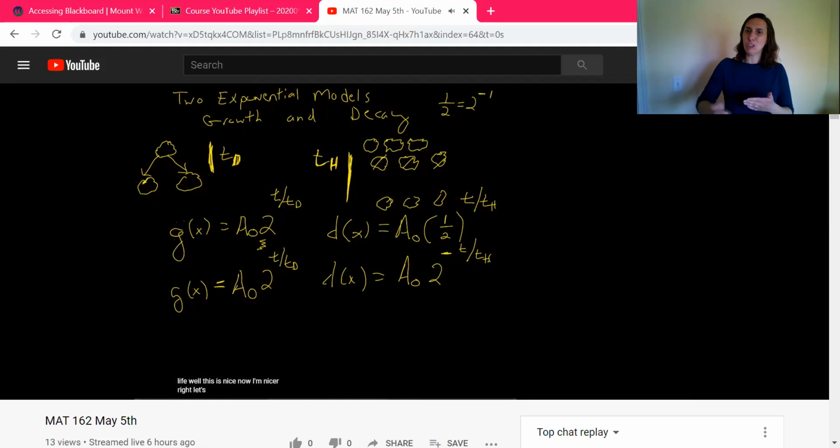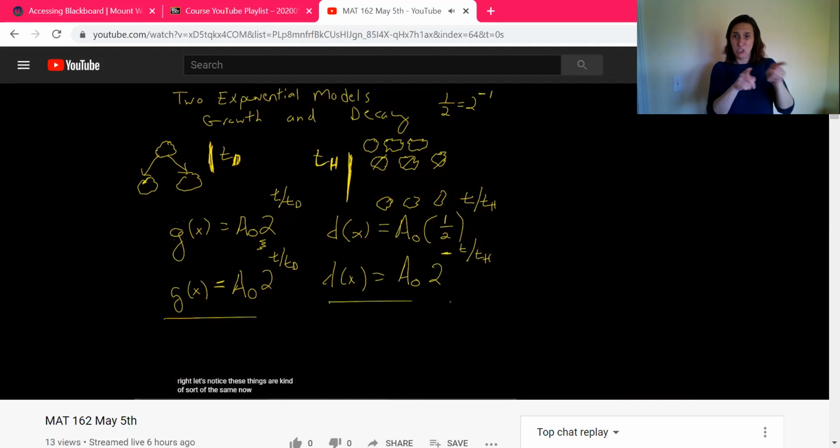Nicer, right? Let's notice these things are kind of sort of the same now. They've got the same base, and the only difference between t divided by the doubling time and t divided by the halving time is the sign.